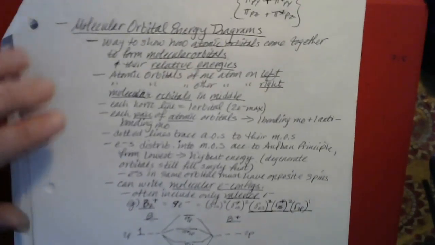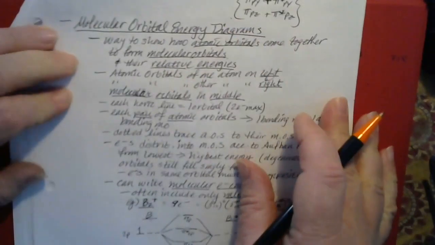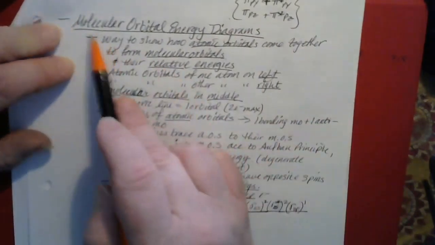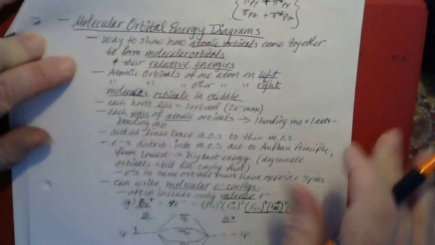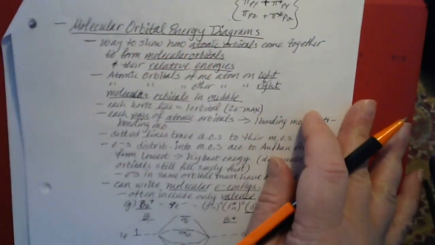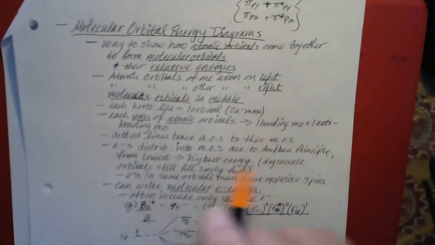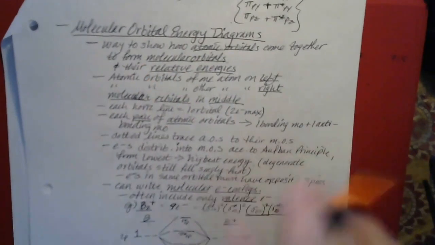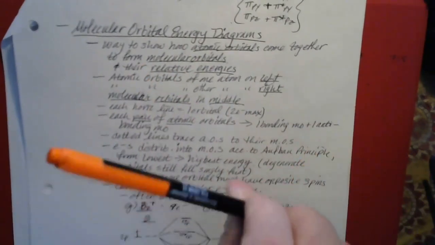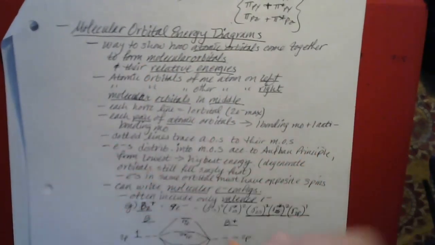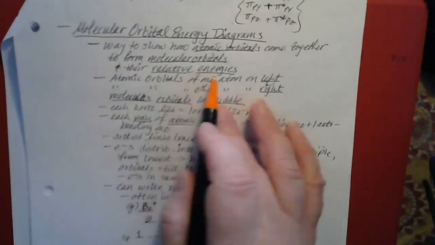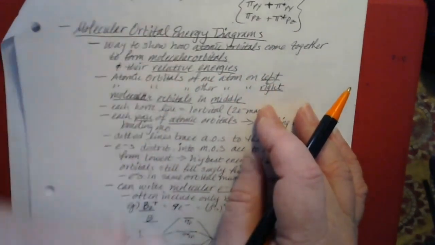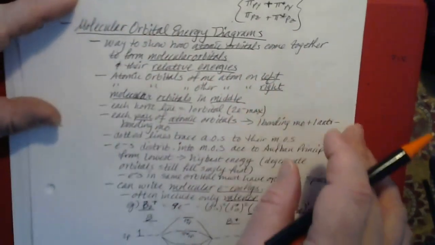The way that we actually visualize two atoms coming together to form a bond, or not form a bond, as the case may be, is through what are known as molecular orbital energy diagrams. And in this, we can not only see how the atomic orbitals come together to form molecular orbitals, whether bonding or anti-bonding, we can also look at their relative energies, because we tend to draw it from the bottom up, lowest energy to highest energy.